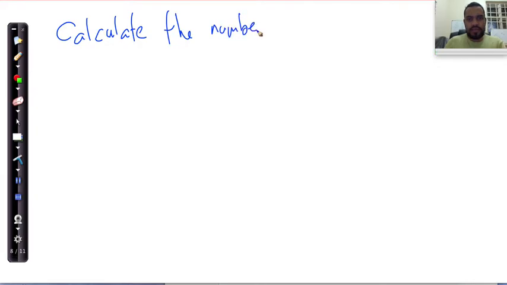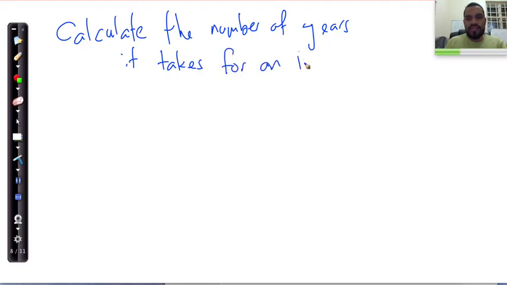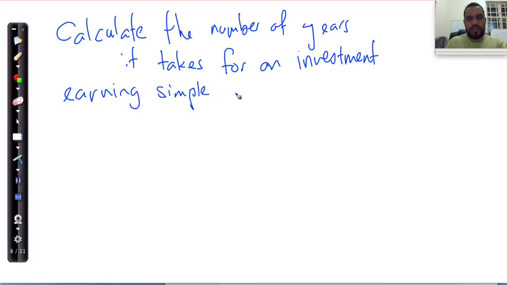The question is going to read as follows. The question is, calculate the number of years it takes for an investment earning simple interest to double if the interest rate is 20%.